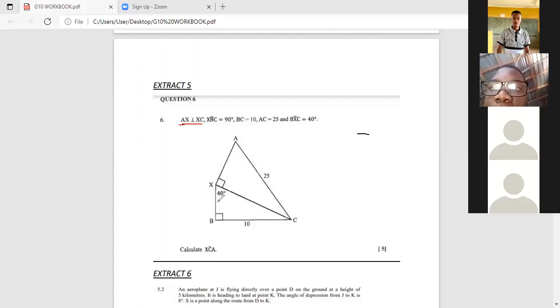So XCA. I told you about the labeling of the angles. Okay? It's very important. XCA. Can you see XCA? It's this angle right here. You start with the lines, right?